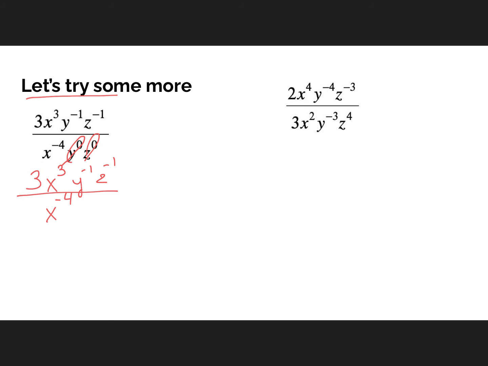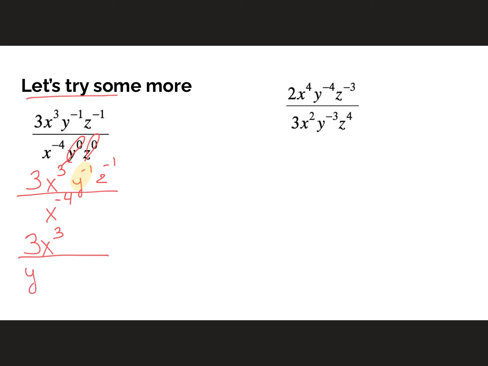So let's rewrite this. I have 3x to the 3rd. That we know is on the top. But now I have this y to the negative 1. So that's going to come down to the bottom and just be y.